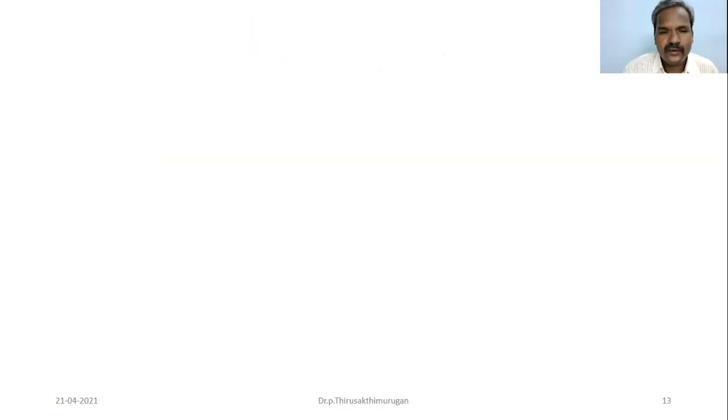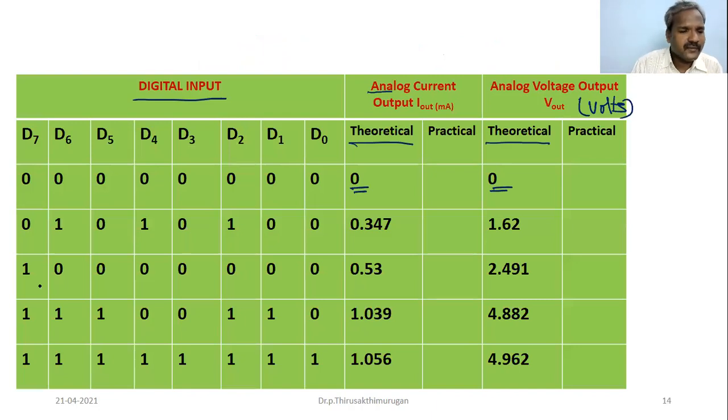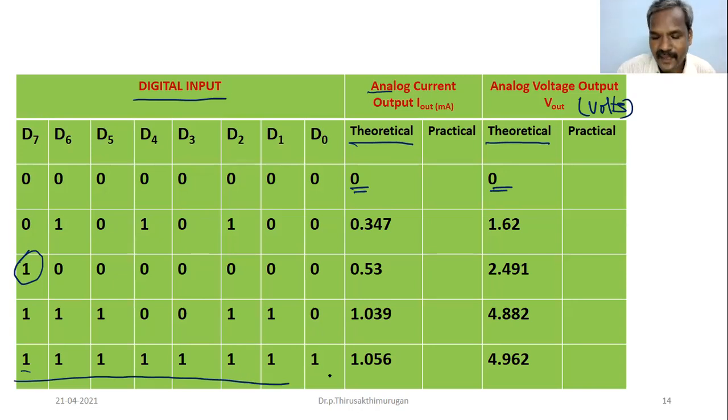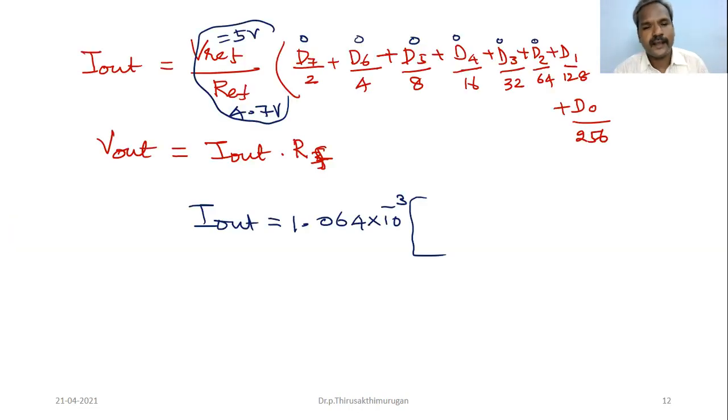Now let's see when MSB is high. So what will be the output? Or we apply all the digital inputs high. When all the inputs are high, what will be the current output and voltage?